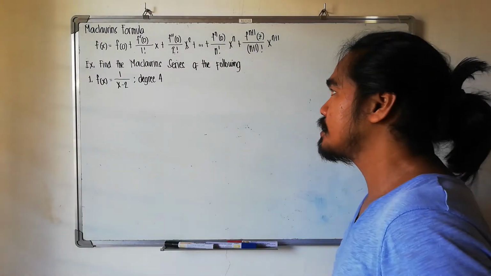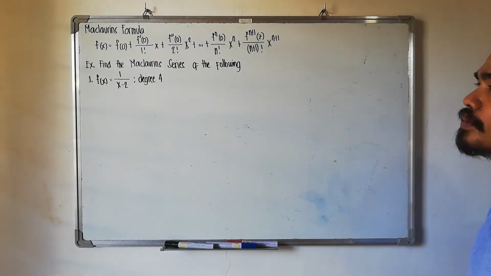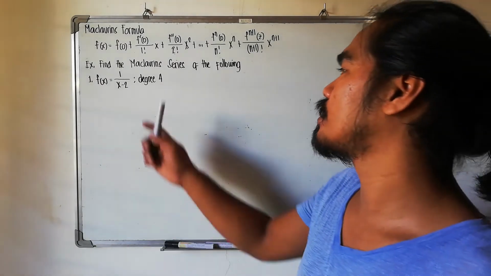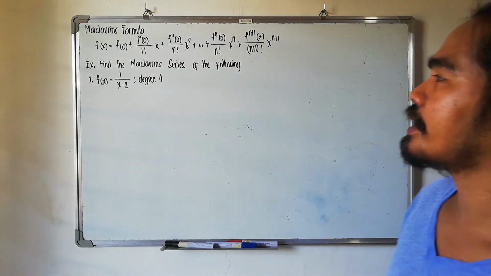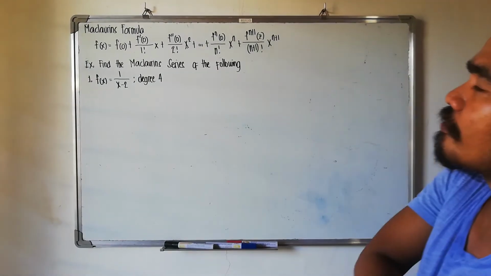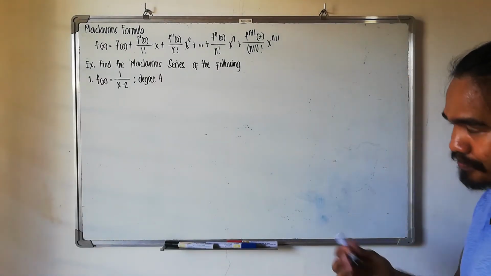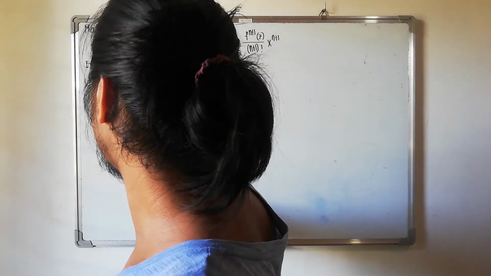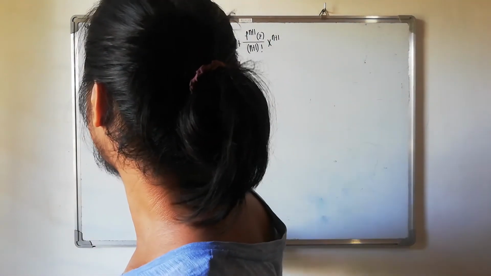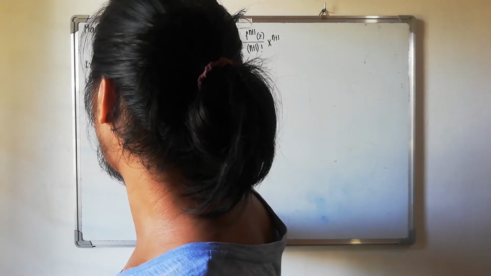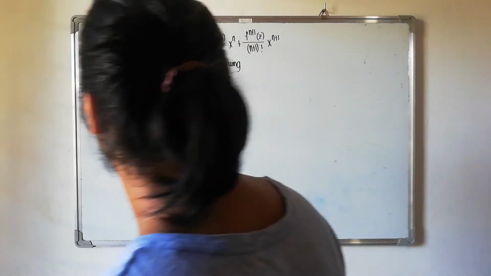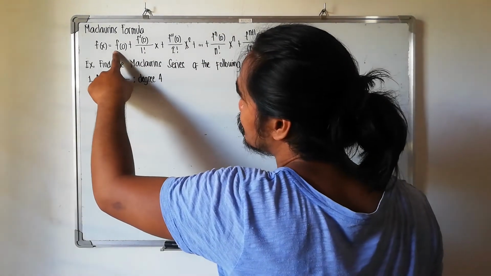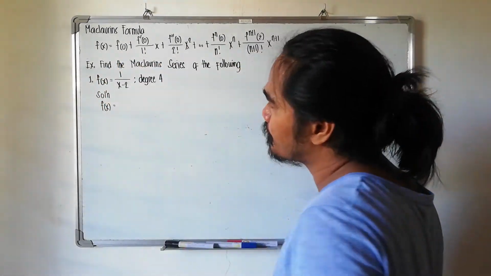So, find the Maclaurin series of the following. Number 1, f of x is equal to 1 over x minus 2 in the fourth degree. So, solution. So, that is f of x is equal to the function where x is equal to 0.